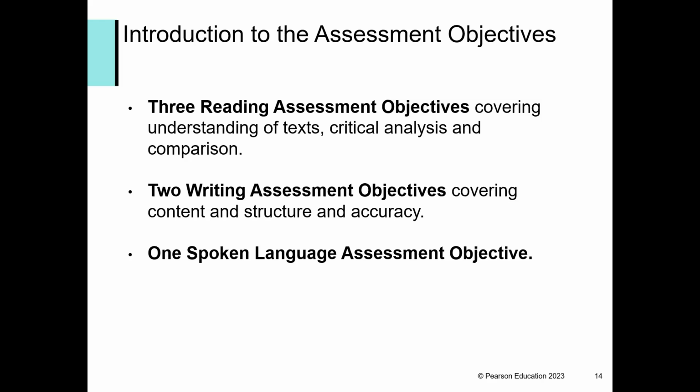They're AO1, AO2, and AO3. And there are 2 writing assessment objectives covering content and structure and accuracy. And there's 1 spoken language assessment objective if you choose to do the spoken language endorsement. So a quick look at those, or a reminder.